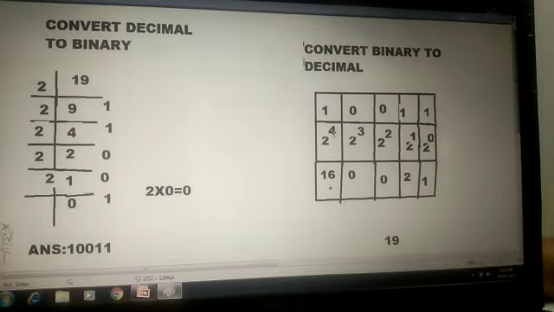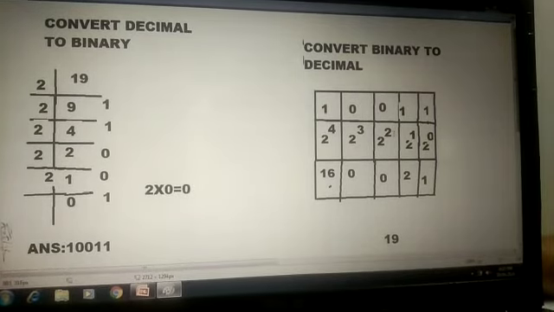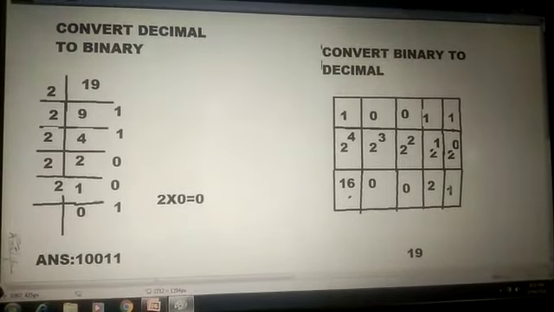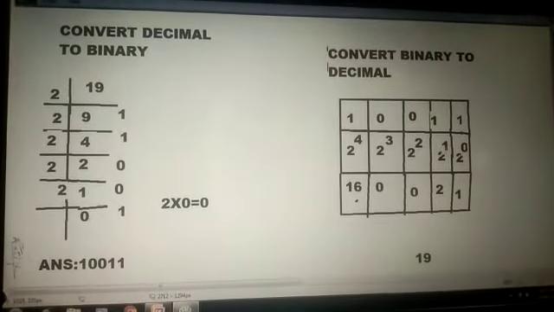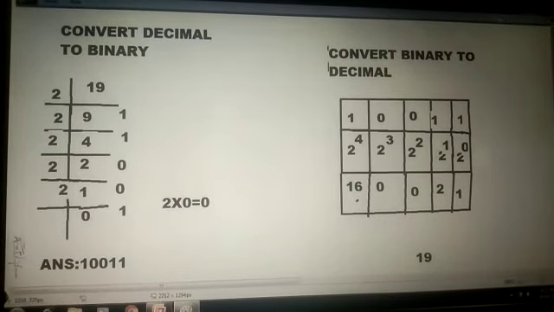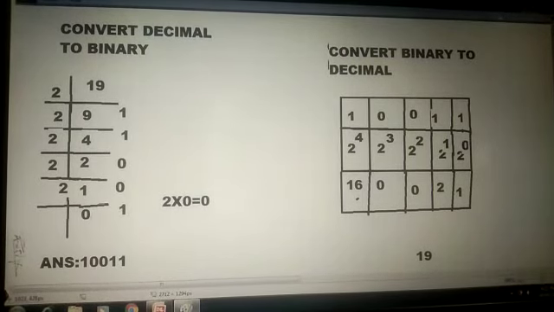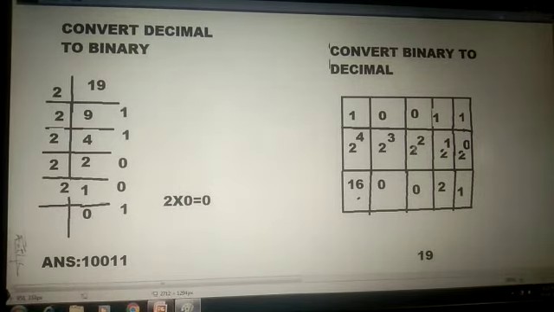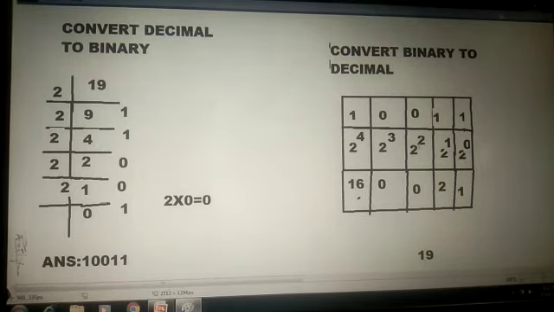You know the meaning of the power. 2 to the power 0, any number having the power 0, its value would be 1. 2 to the power 1, what is my value? 2. 2 to the power 2 means I will write 2 two times, that is 2 twos are 4.